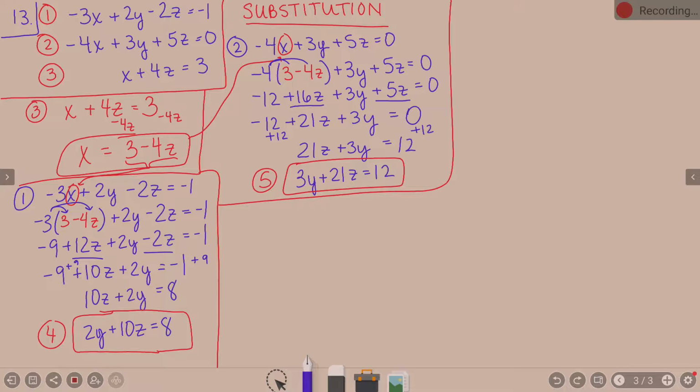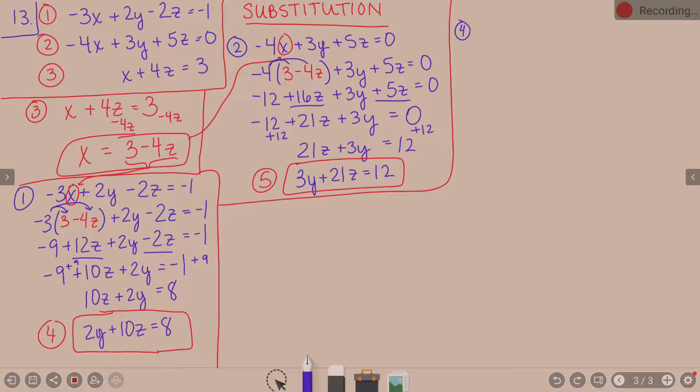Whether we started with elimination or whether we started with substitution, we have equations 4 and 5 now. Yes, substitute or eliminate. Put them together, and I usually try and eliminate. You could do substitution here. Okay, I usually go for elimination. So I'm going to go up here and write my equations.